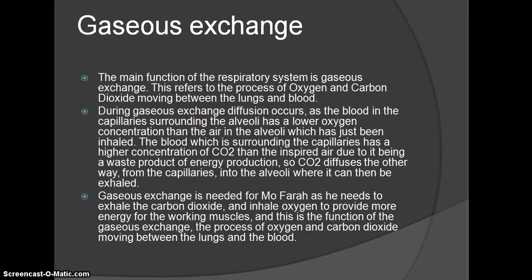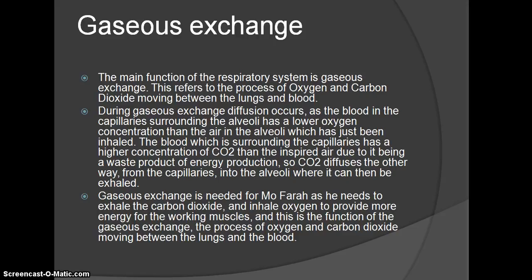Now look at gaseous exchange. The main function of the respiratory system is gaseous exchange. This refers to the process of oxygen and carbon dioxide moving between the lungs and blood. During gaseous exchange, diffusion occurs, as the blood in the capillaries surrounding the alveoli has a lower oxygen concentration than the air in the alveoli, which has just been inhaled.